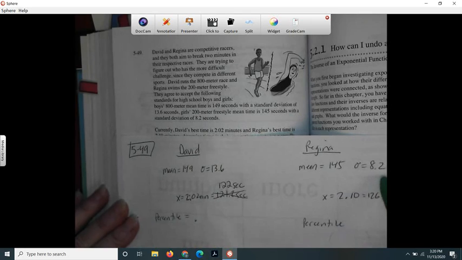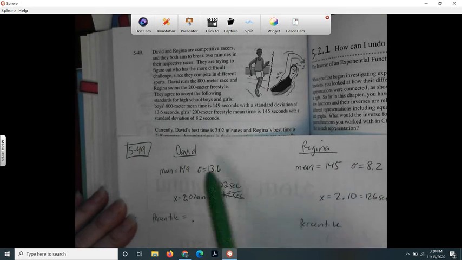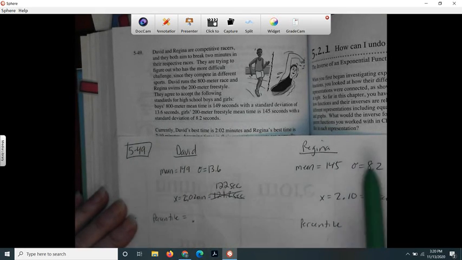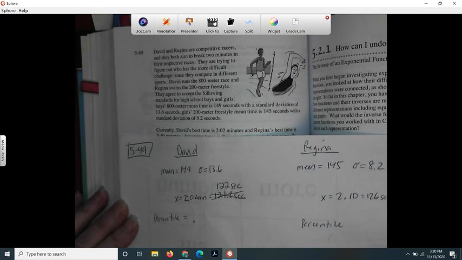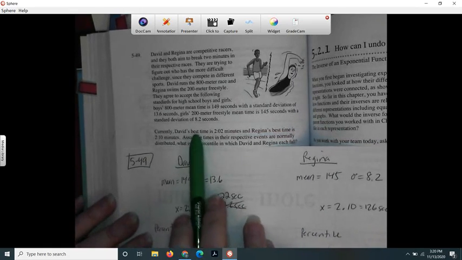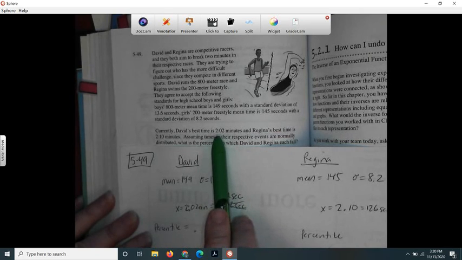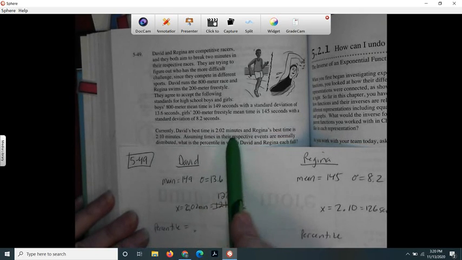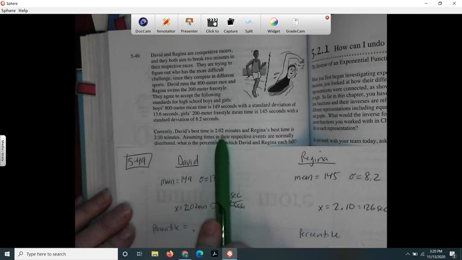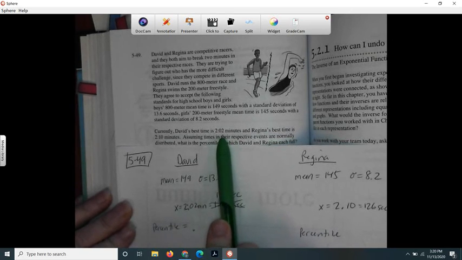I just wrote those down because I want to make a normal distribution for each one of these. Currently, this is where I got messed up. It says currently David's best time is 2 minutes 2 seconds. When I converted it to seconds, I went 2.02 times 60, but that's not what it says.